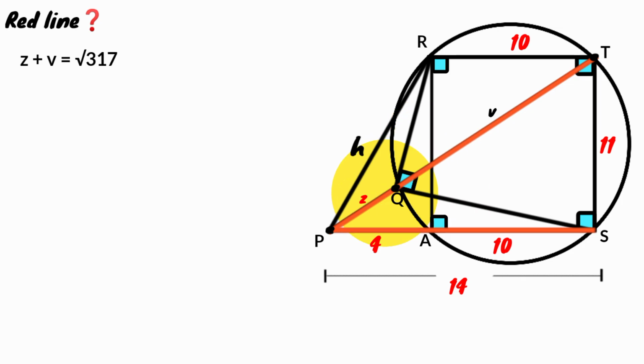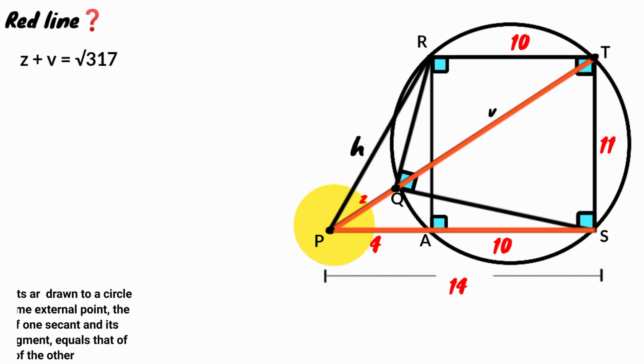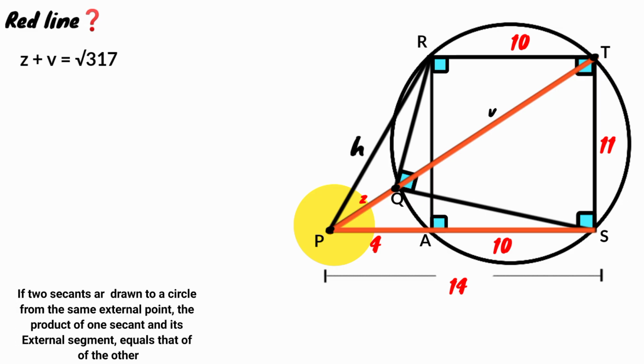They both meet at this point, so we can say they were drawn from the same external point. From the circle theory, there is a rule that when 2 secants are drawn to a circle from the same external point, the product of the length of 1 secant and its external segment equals that of the other.